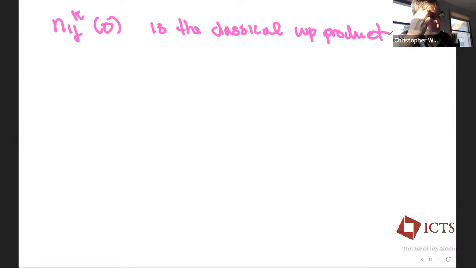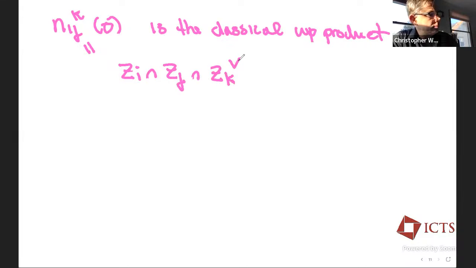So how do you define that? Now I'm just talking about constant maps. So I just take the intersection of Z_i and Z_j and Z_k dual, and I take the signed number.